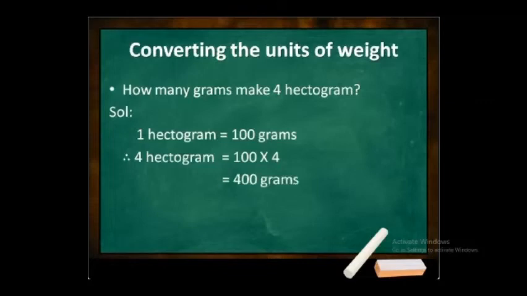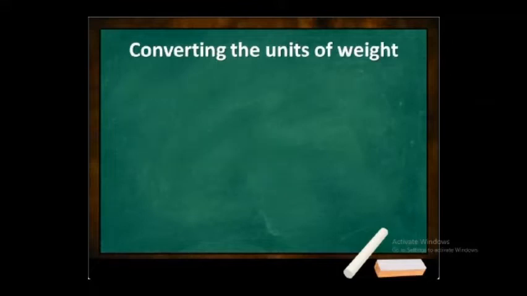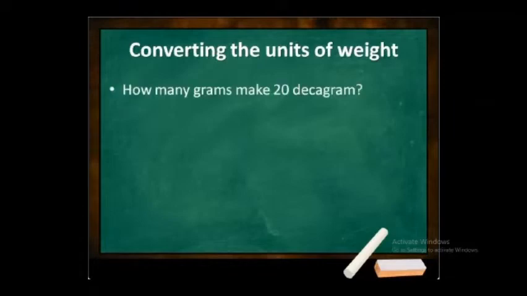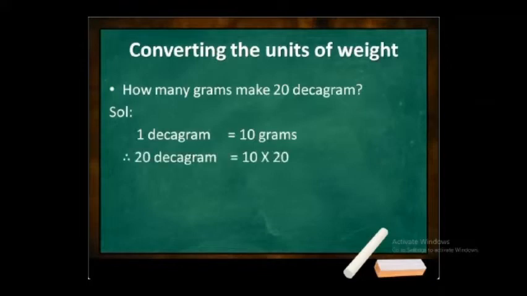So it will be 400 grams. The next one is, how many grams make 20 decagrams? 1 decagram is equal to 10 grams. 20 decagrams is equal to 10 into 20. So when you multiply it, you will get 200 grams.